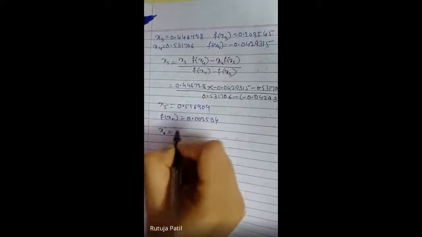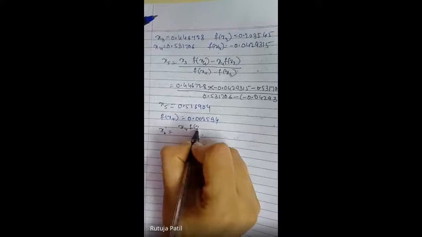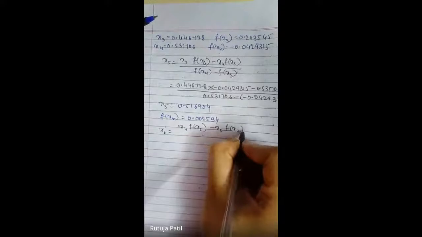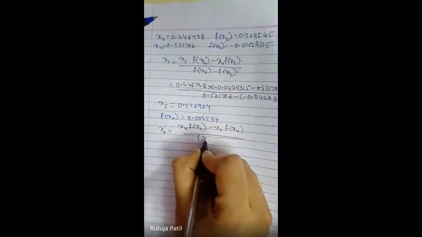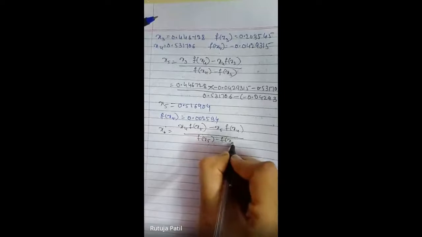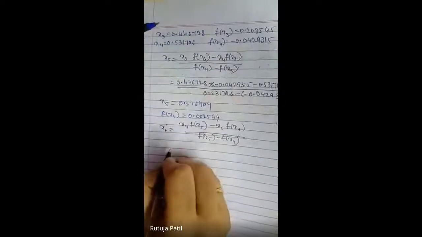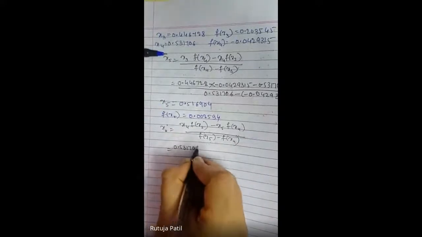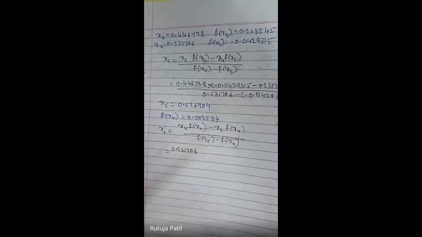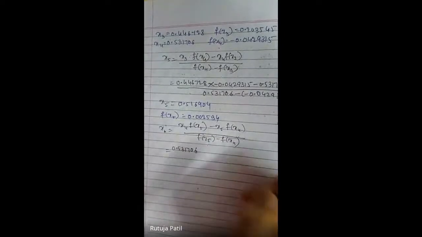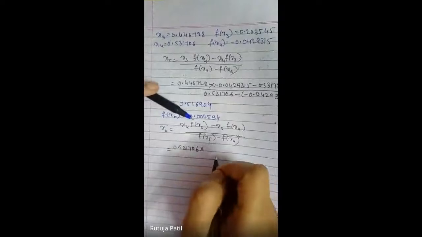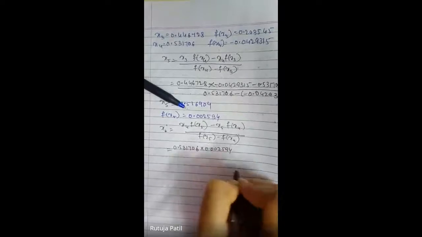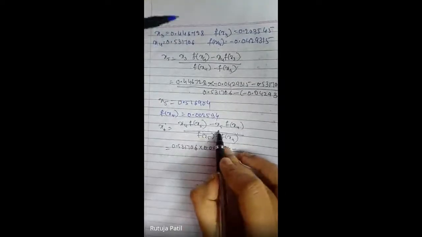That is, x6 we have to find, that is x4 f(x5) minus x5 f(x4) divided by f(x5) minus f(x4). Okay, so substitute the values. x4 is 0.531706 into f(x5), which we just now got, 0.002594, minus x5, how much is it?